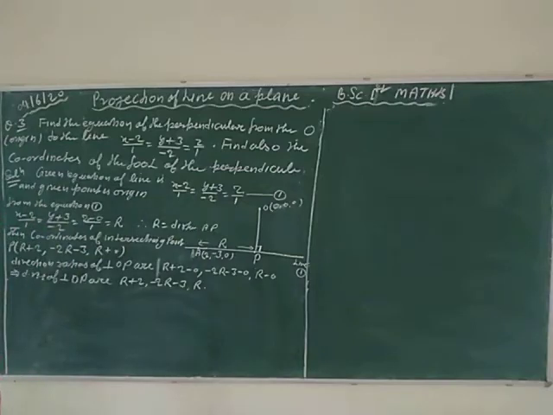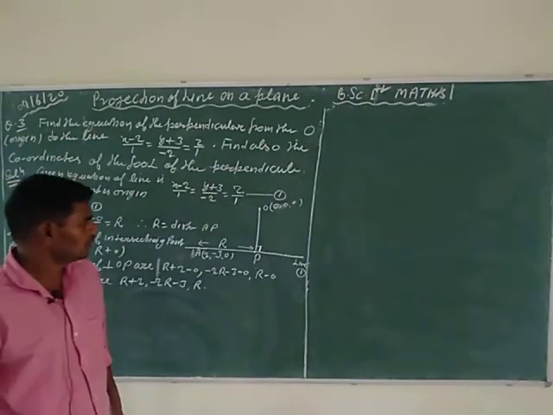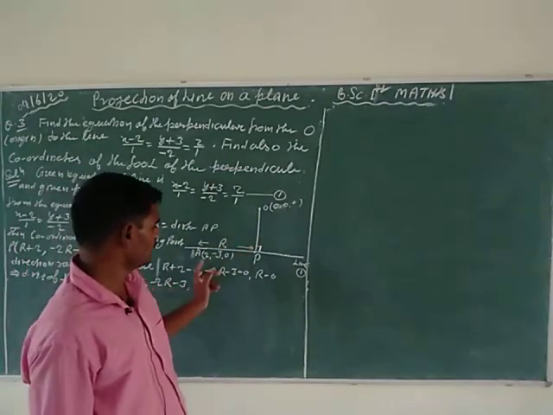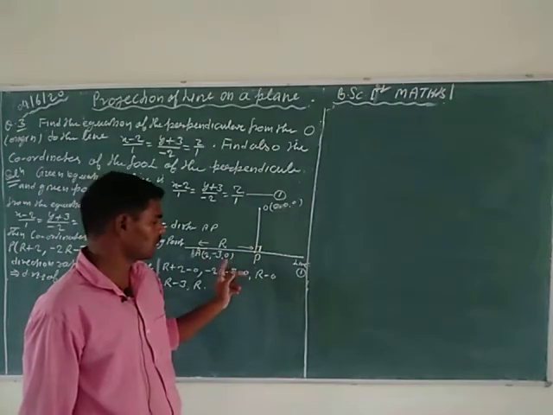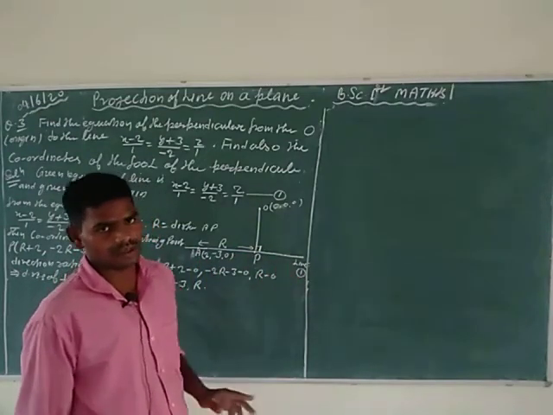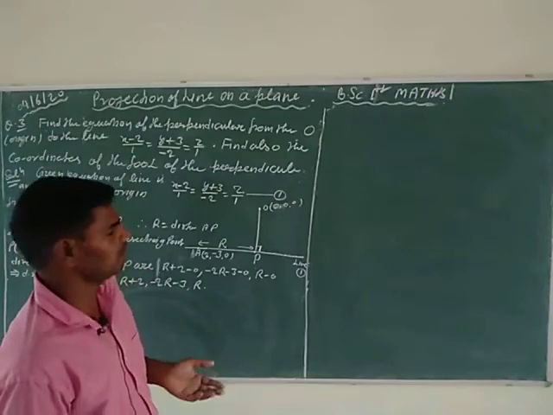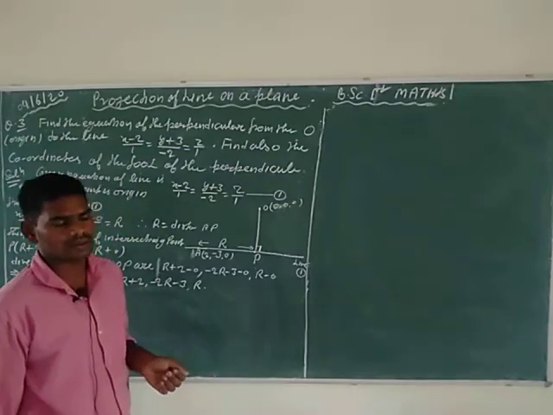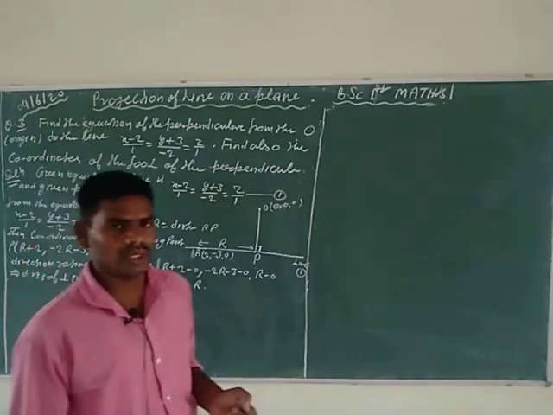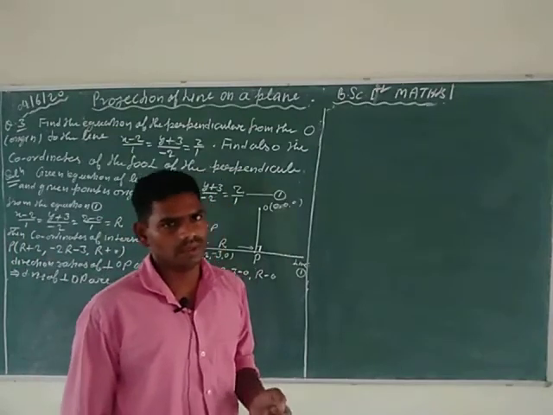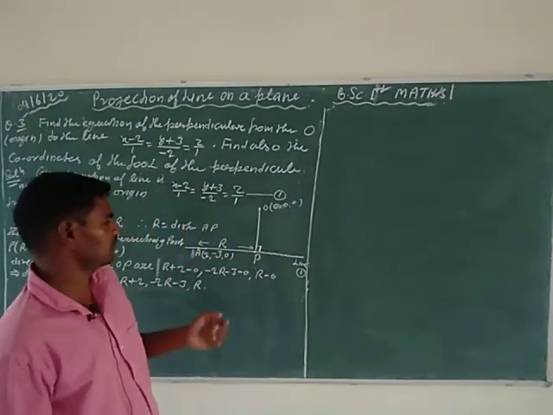From the figure it is clear that line OP is perpendicular to the given straight line first. Therefore, we can apply the formula cos theta is equal to L1 L2 plus M1 M2 plus N1 N2, which is related to the angle between two lines.